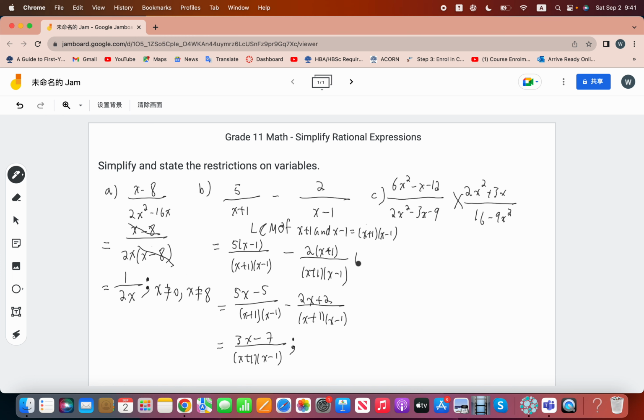Then I set x plus 1 times x minus 1 not equal to 0. x can't be minus 1 and x can't be 1. So the restrictions for question B are x cannot be negative 1 and x cannot be 1.